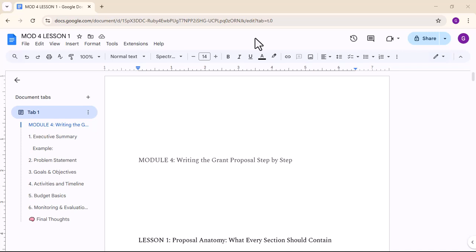And some other times, they have a template for you that can be downloaded, it can be a Microsoft Word or an Excel for your budget. So there are those two methods of submitting a grant proposal.